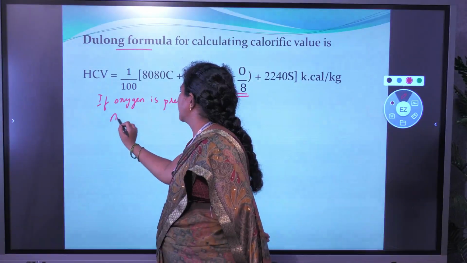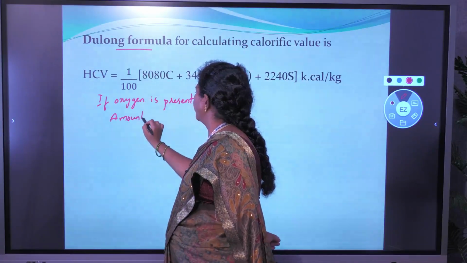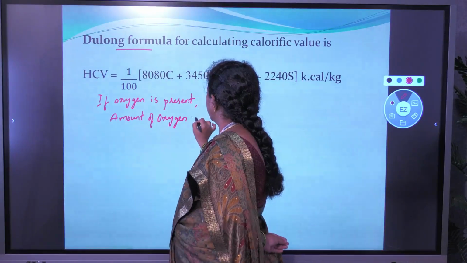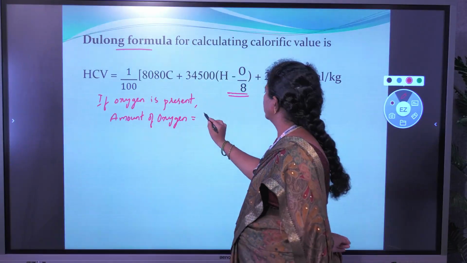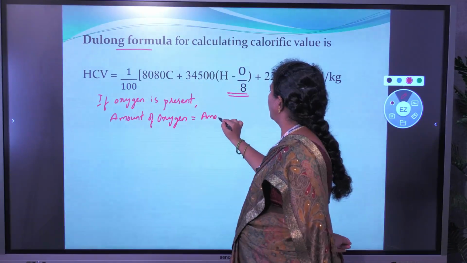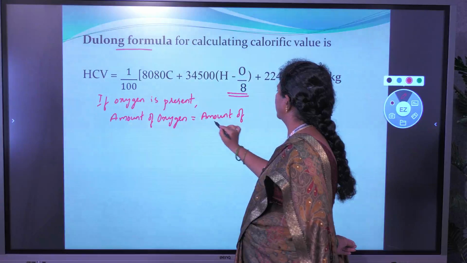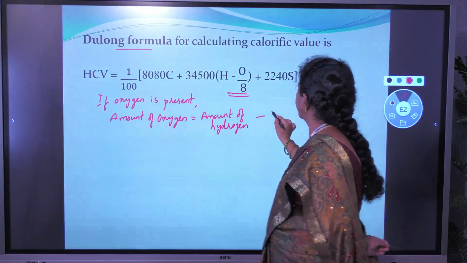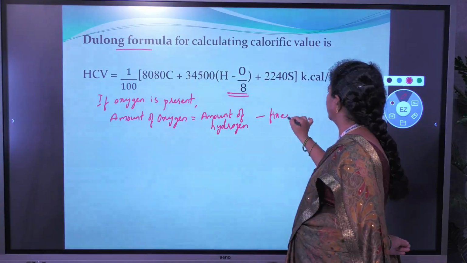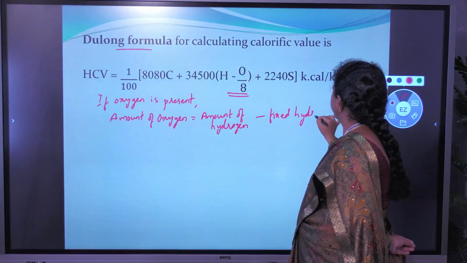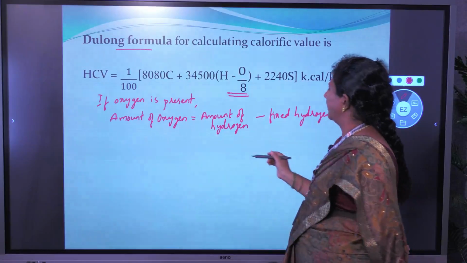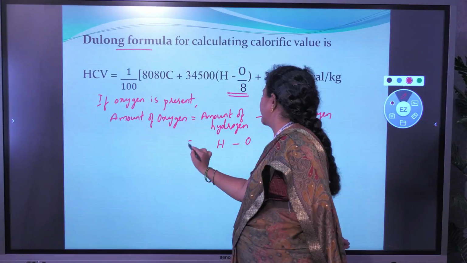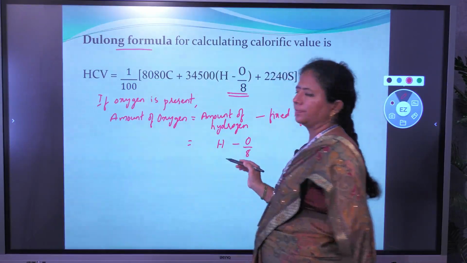That means amount of hydrogen available is hydrogen minus fixed hydrogen, that means H minus oxygen by 8.